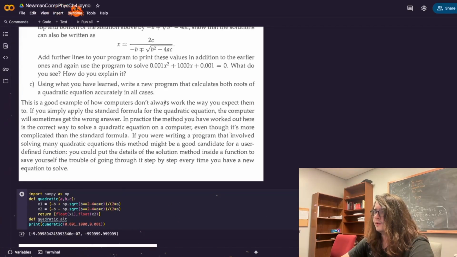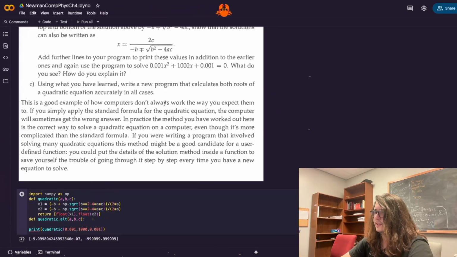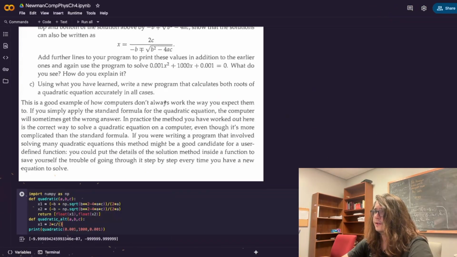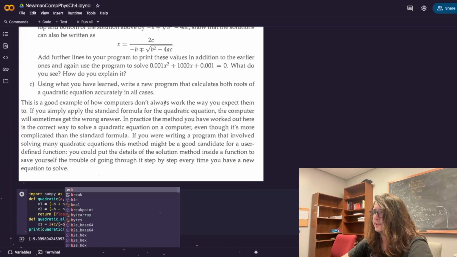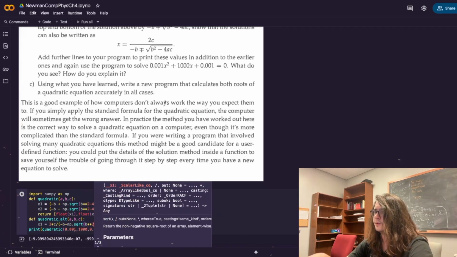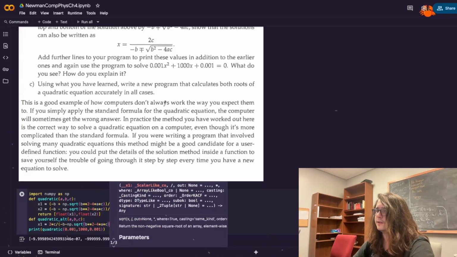I'm going to call the function quadratic alternate, taking the arguments a, b, and c, and then we're going to get x1 again, which is now 2 times c divided by minus b minus the square root of b squared minus 4 times a times c.